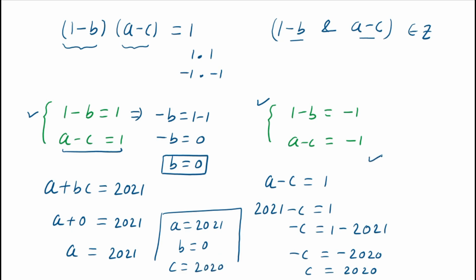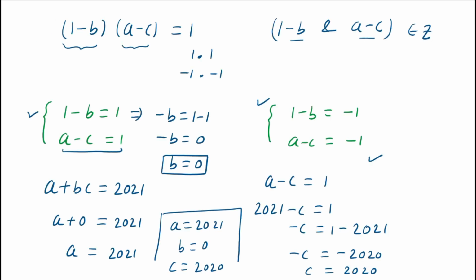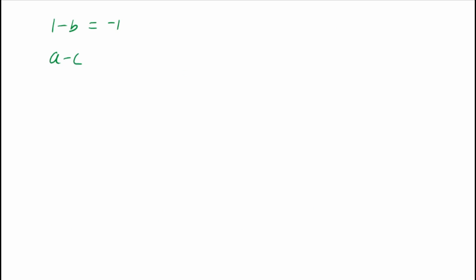Now solve this case. Here 1 minus b equals minus 1, and a minus c equals minus 1. Now this implies minus b equals minus 1 minus 1, then minus b equals minus 2, and if we multiply both sides by minus 1, you will get b equals 2.